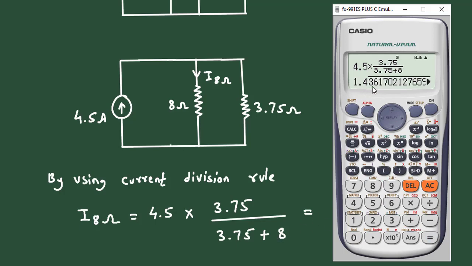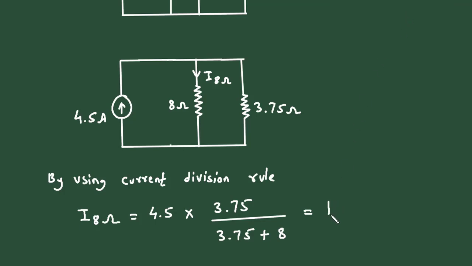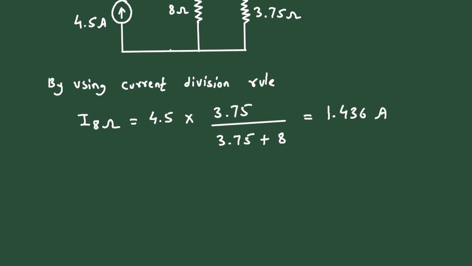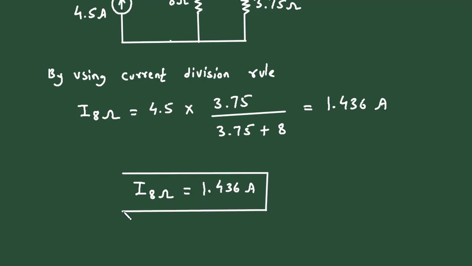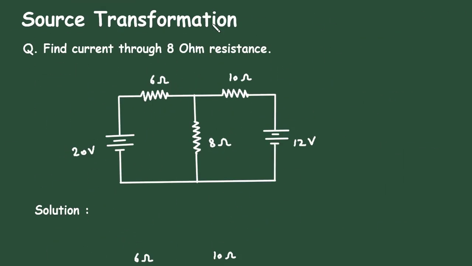So it is 1.436. Since it is current, its unit will be ampere. So therefore, I 8 ohm is equal to 1.436 ampere.